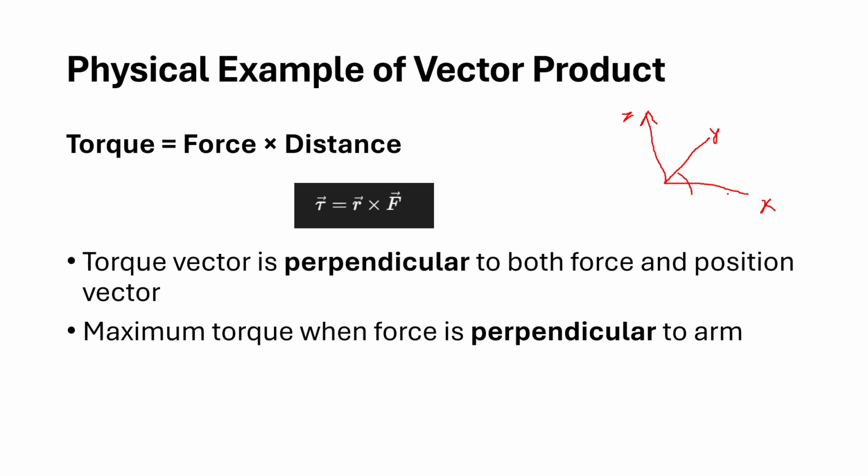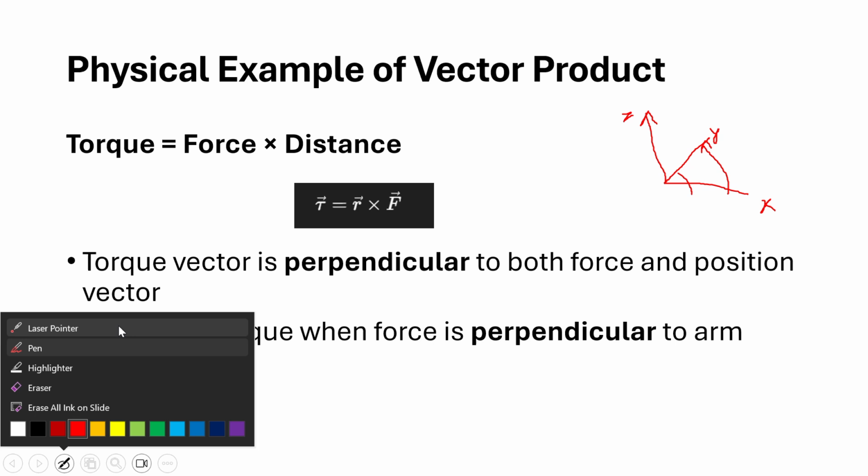Now we curl our fingers from there to there, using the right-hand rule. There will be our thumb, and the thumb will show the direction of the torque, the direction of the vector product result.